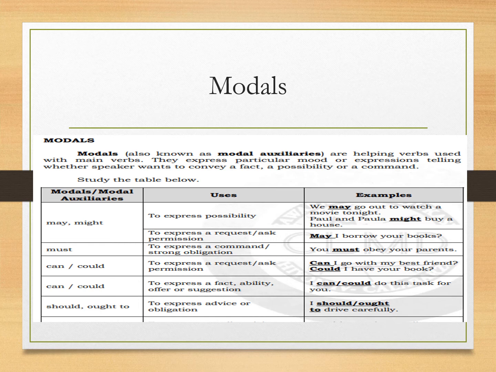Examples: Can I go with my best friend? Another example: Could I have your books? Another for can and could, its use is to express a fact, ability, offer, or suggestion. Example: I can or could do this task for you.